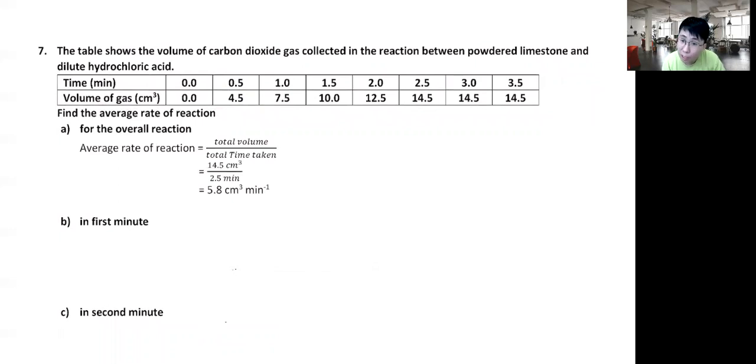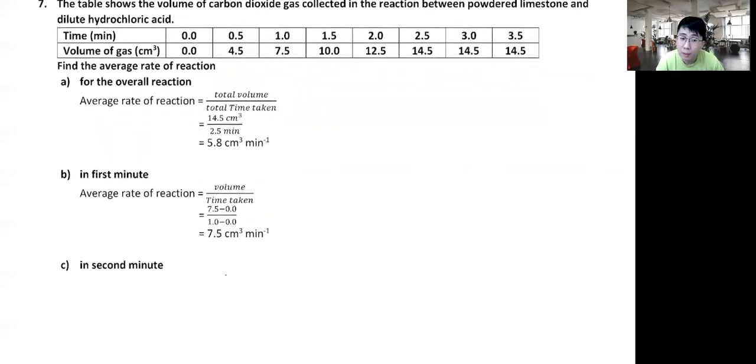But how to find it in the first minute? In the first minute, I take the first minute minus the initial minute. Same thing, still volume over time. So 7.5 minus 0 over 1 minus 0, so 7.5 cm³ per minute.